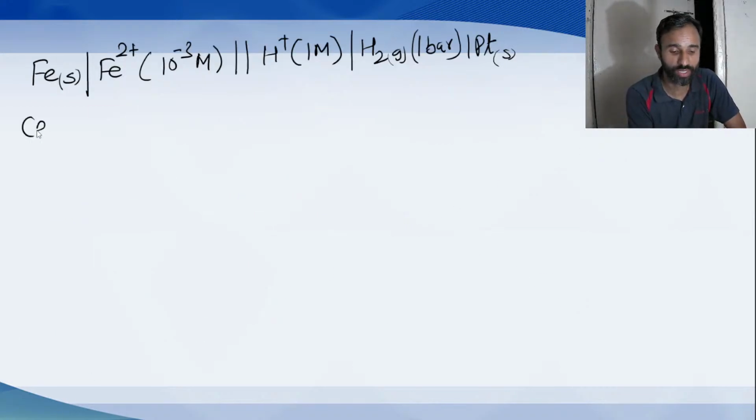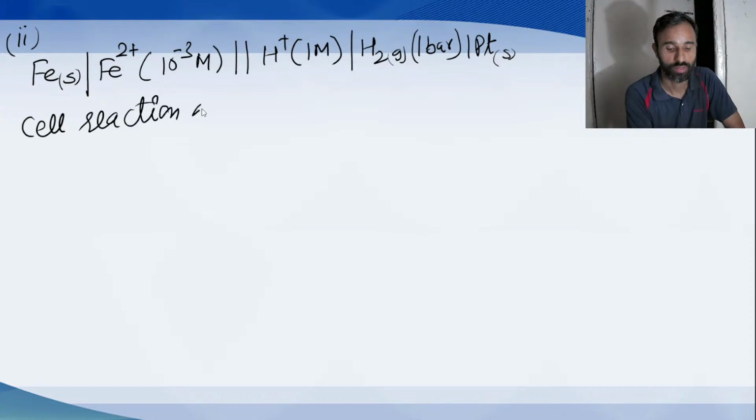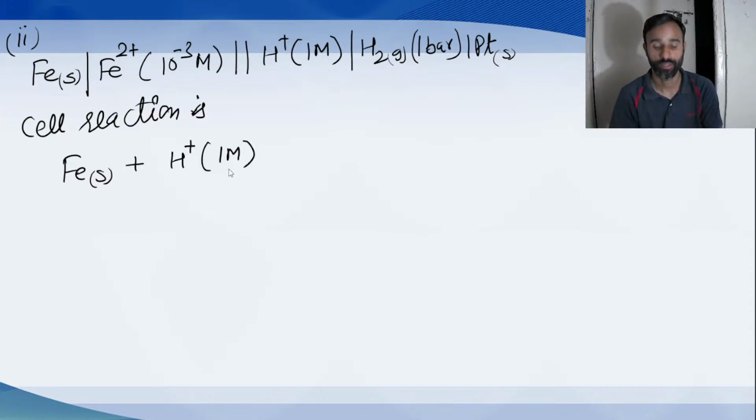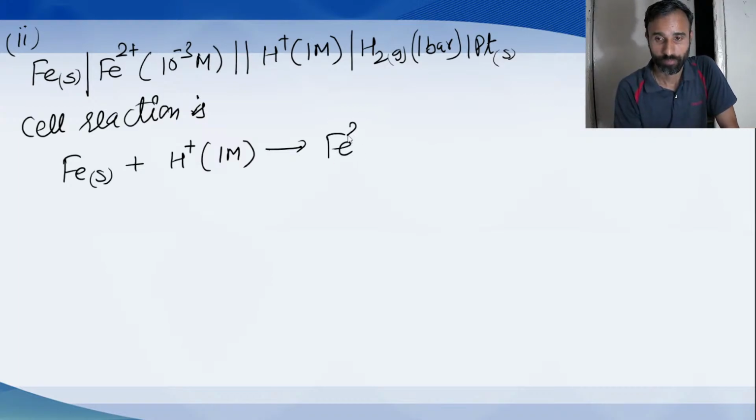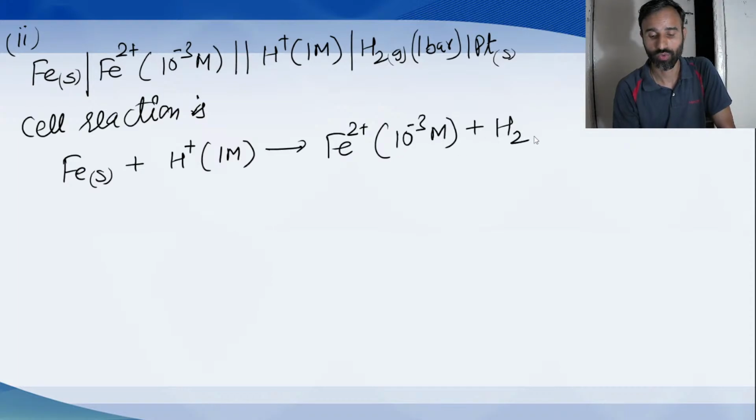So the cell reaction for the second part is Fe solid plus H+ 1 molar to give Fe2+ 10 raised to power minus 3 molar plus H2 gas 1 bar.